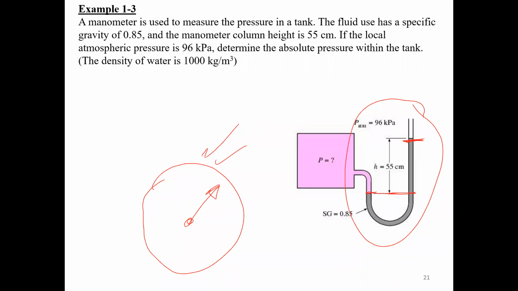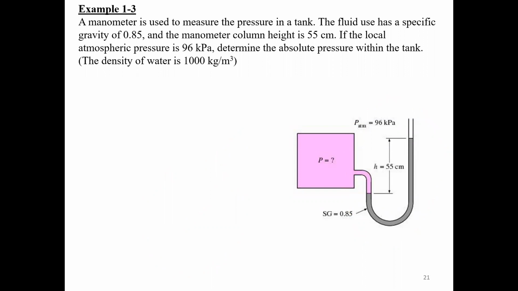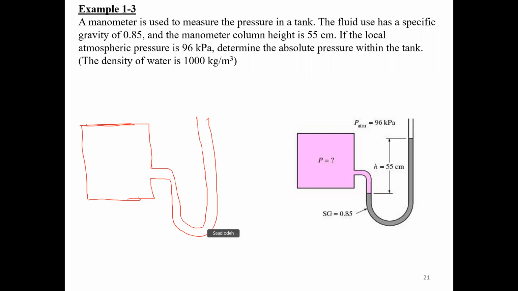Let me give you another example. If I have the same tank here, and I have a U-tube, same thing, and the tube is open to the atmosphere. So I'll ask you a question about this.